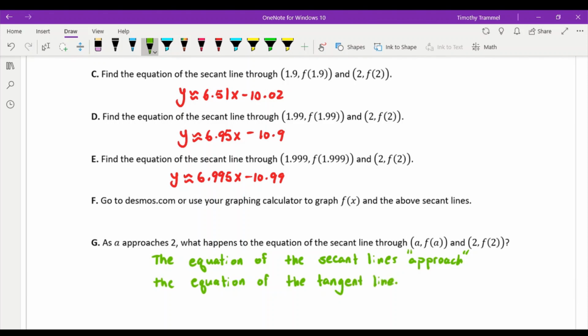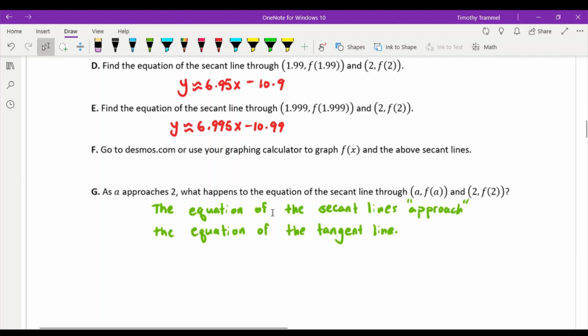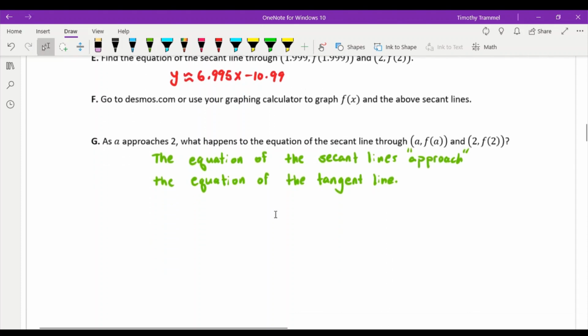And the thing that's actually more important here is that the slope of the secant lines is approaching the slope of the tangent line, but we'll talk about that more in the following pages.